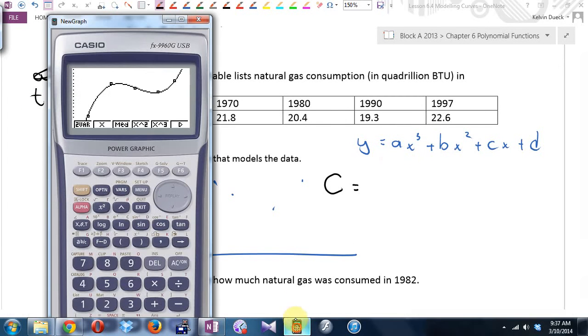What do they want the A value to be? What did I say? X cubed. A is, okay, this is saying 1.478 times 10 to the negative 3.